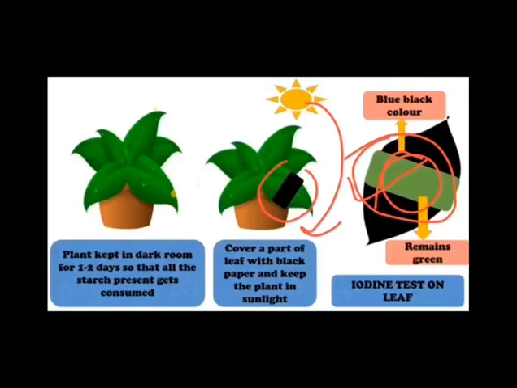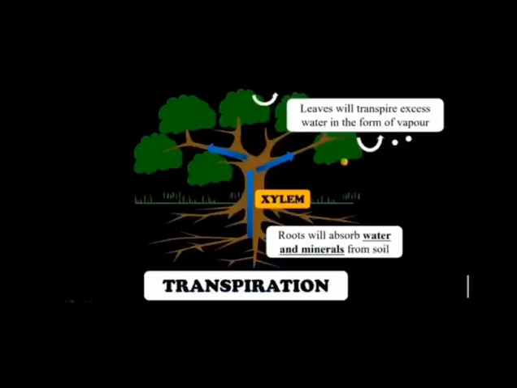So we will now study the next important function of the leaf, that is transpiration. We know that roots absorb water and minerals from the soil, and some of the water is used by the plants during the process of photosynthesis.